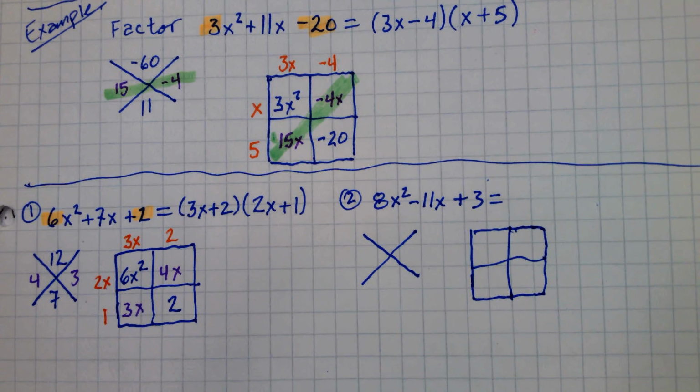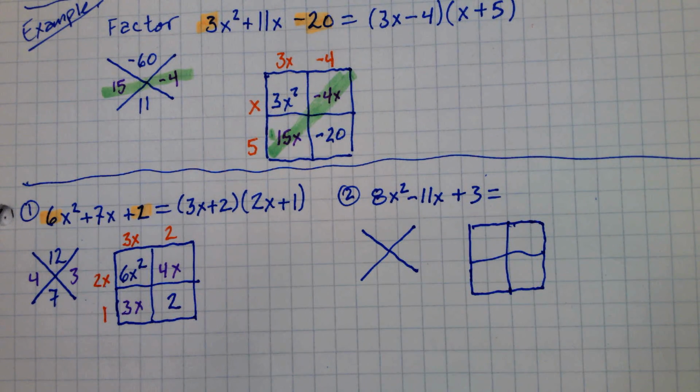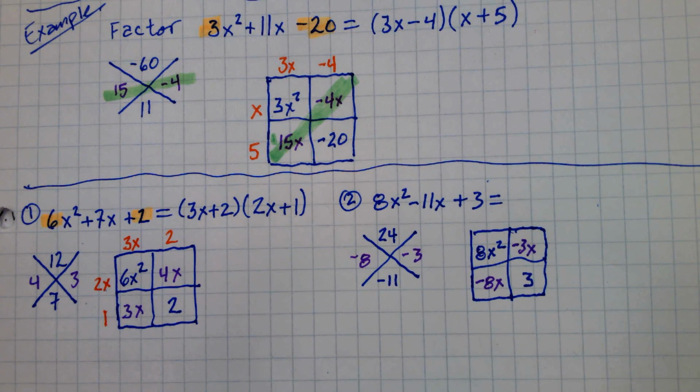Okay, give it a try. Try just setting it up, and then we'll take it from there. Try setting up the diamond and filling in the box. So hopefully this is what you got. Any questions?